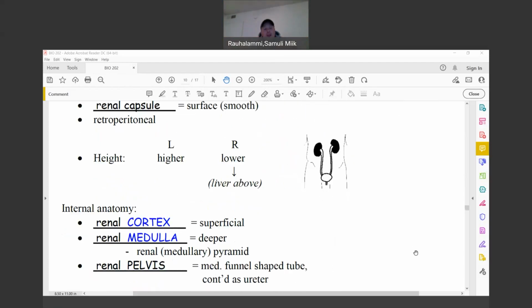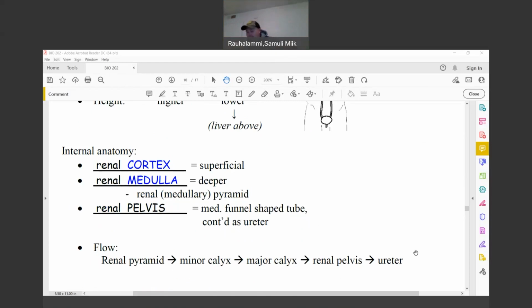If we're looking at the internal anatomy of the kidneys, we're going to see a few things. And I'm just going to sketch really quickly an enlarged diagram of a kidney, and we're going to see, just like we had with the brain, you remember that the brain had the cortex, which was the outermost layer.